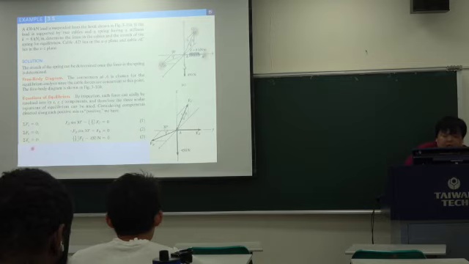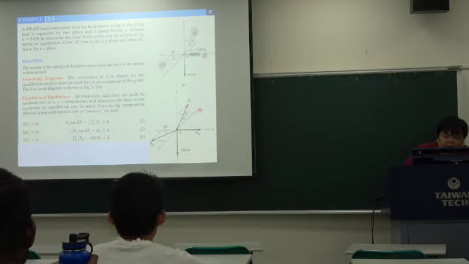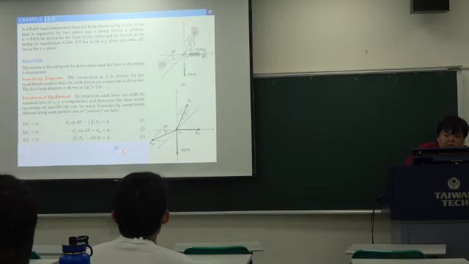Then summation Fz equals 0, we can use FC times 3 divided by 5, and minus the loading force, equals 0. So we have the three equations.